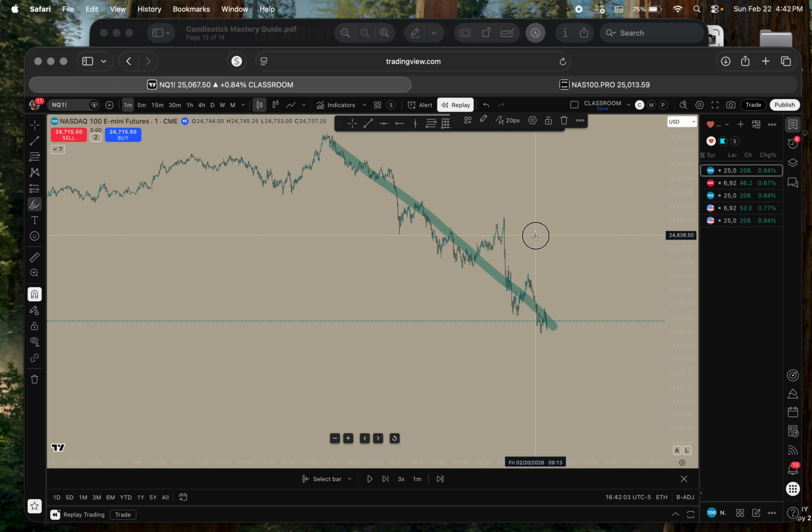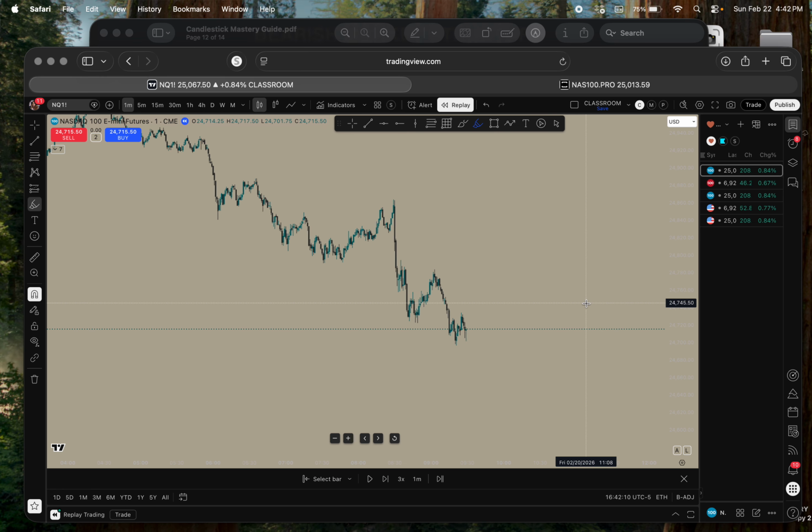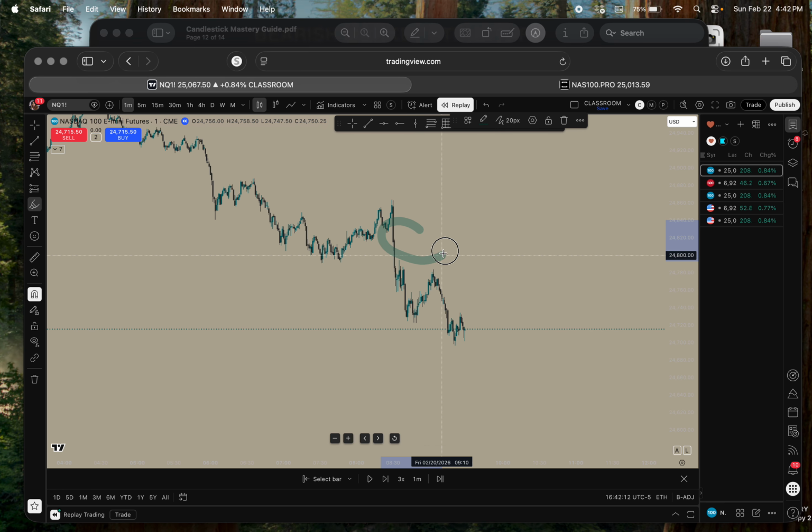But I'm going to pay attention to this gap because I know a few things about price. Price is magnetized to a gap, so it loves a gap. And this is a nice peak level too, where price came up somewhere.